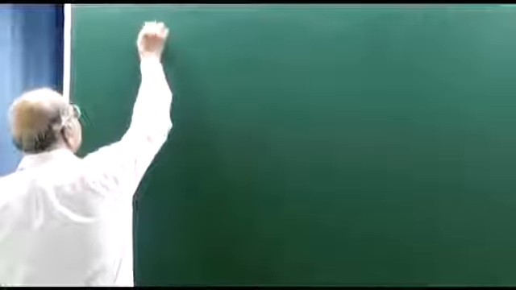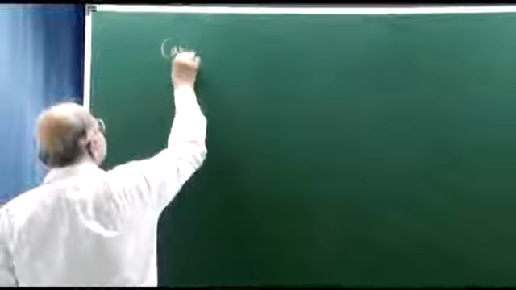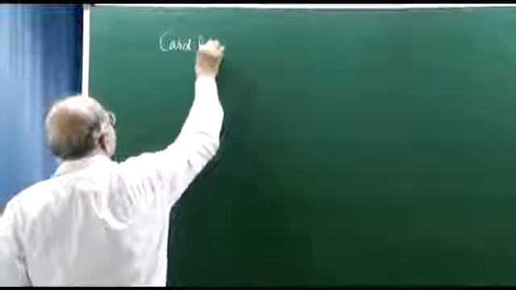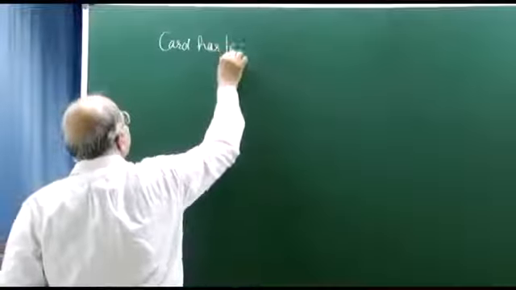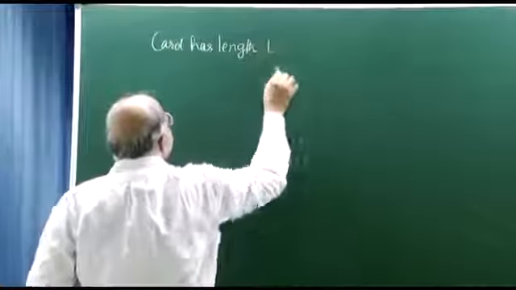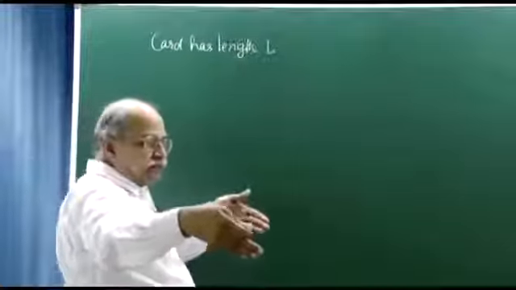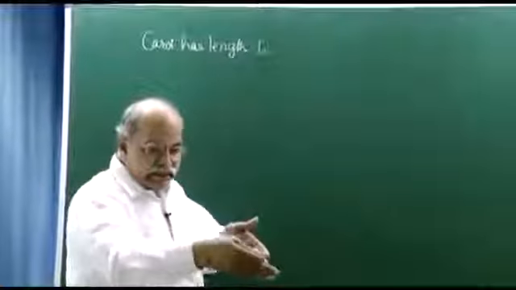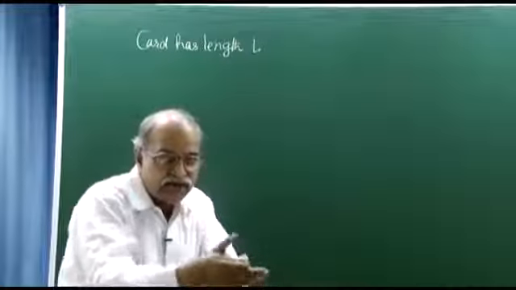So, let us say that our card has length L. Essentially, this is not the full length of the card, it is the length behind this coin.